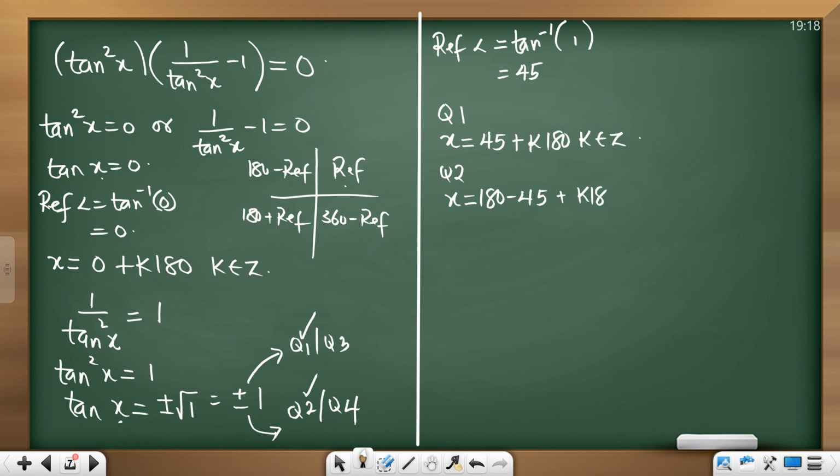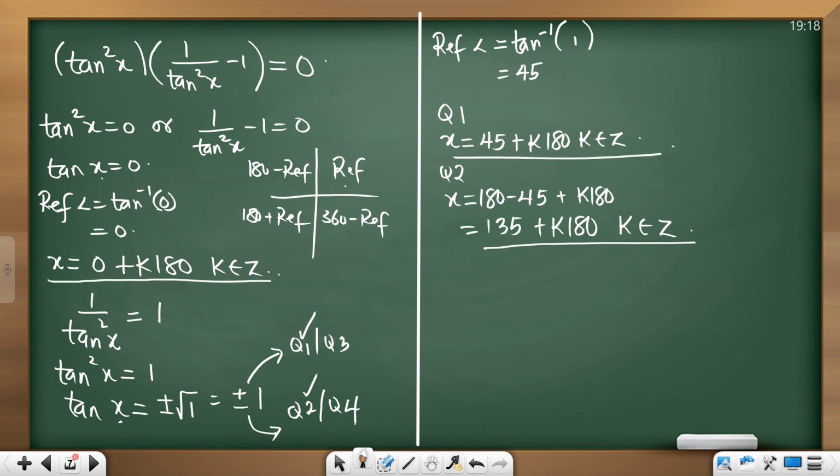What's your answer? 135 plus k times 180, where k is an element of integers. These are your answers. Guys, check your answers. It's the general solution. So there's a 0, there's a 45, and there's a 135. Aha, now you've completed it. You have to, because your answers will be incomplete otherwise.